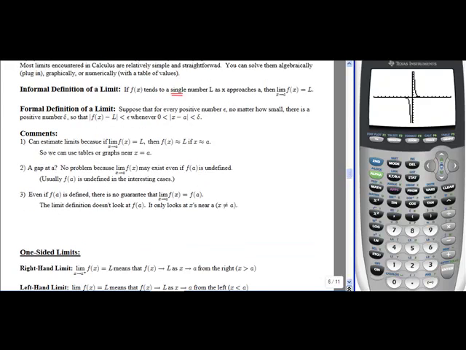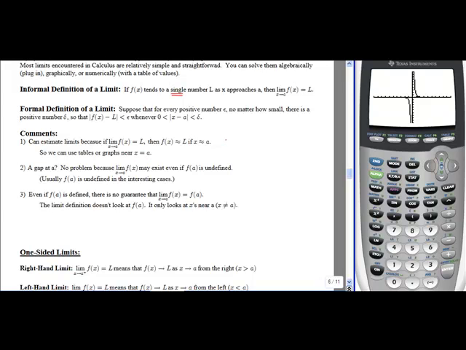Number one, they say that you can estimate limits, because the limit as x approaches a of f of x equals L implies that f of x is approximately L if x is approximately a. So in other words, as long as you're getting close enough to a, you should be getting close enough to L. And that's why we're able to use our tables and our graphs near x equals a to help us figure out what the limit is.